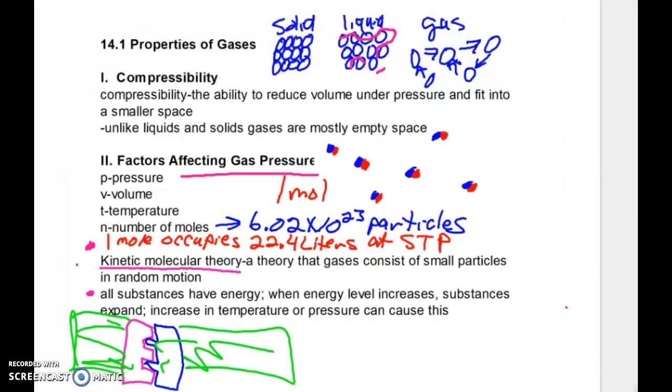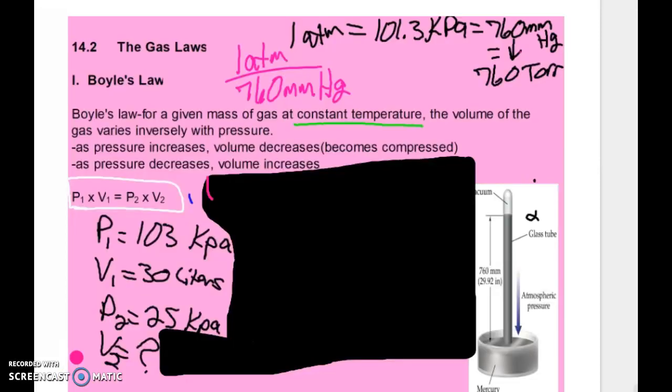When that energy level increases, there's a certain amount of expansion. As temperatures decrease, things contract. People who build bridges need to understand that, so they make joints that can expand and contract with changing temperature conditions.